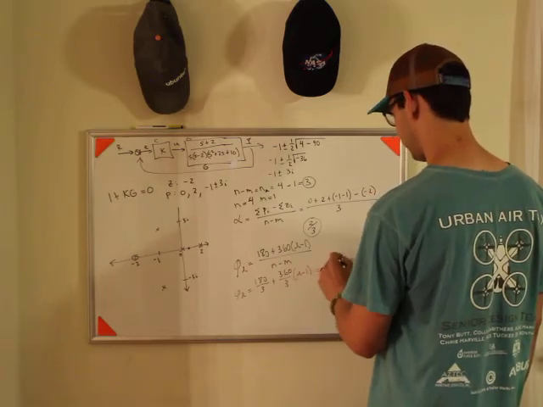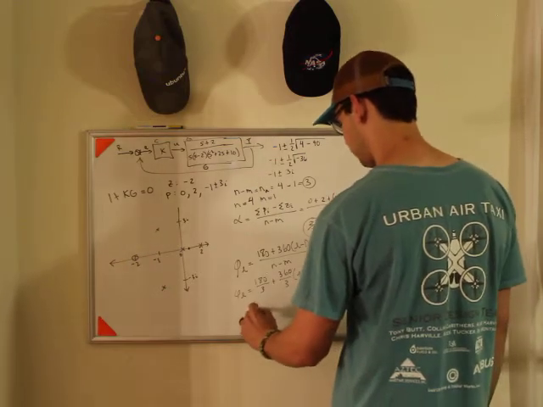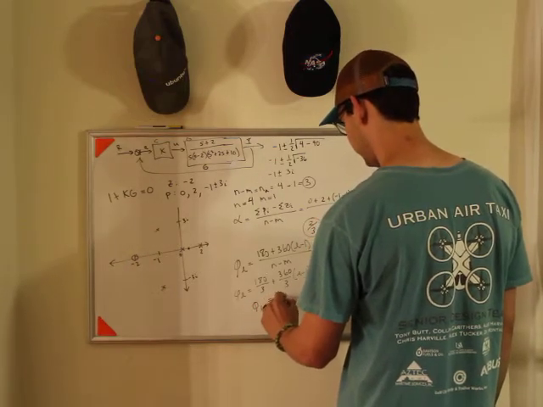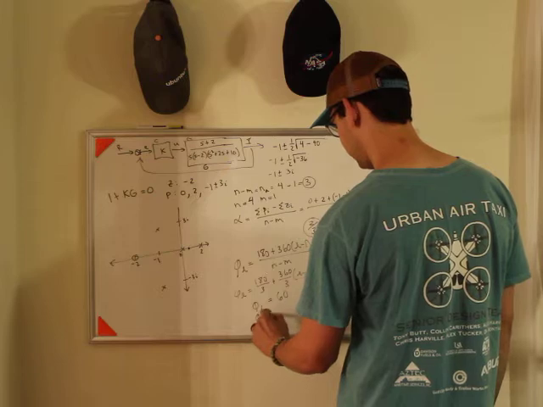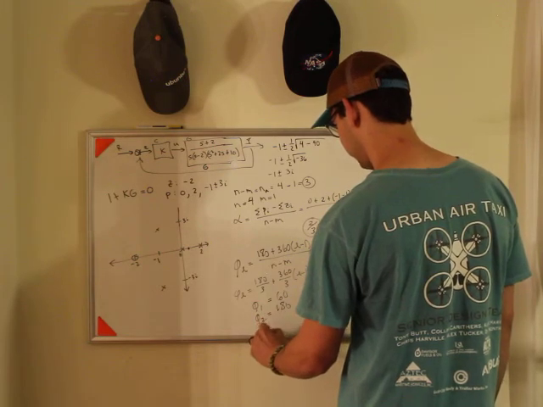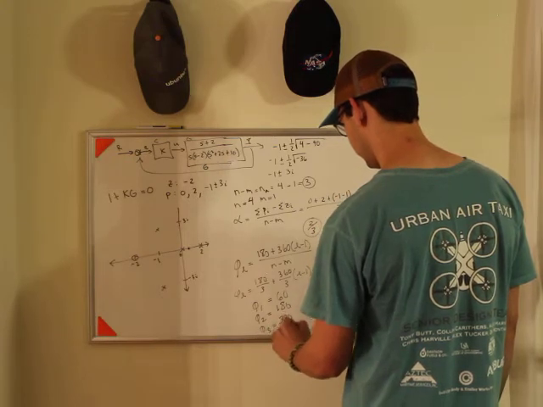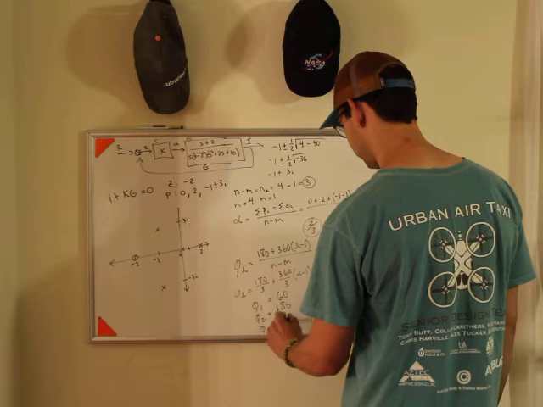Then 360 over 3 is 120, L minus 1. And so that means phi 1 is 60, phi 2 is 180, and then phi 3 is 320, 300.